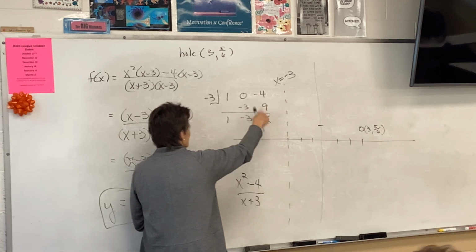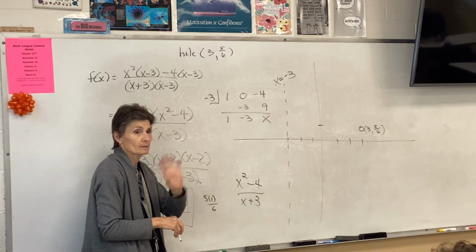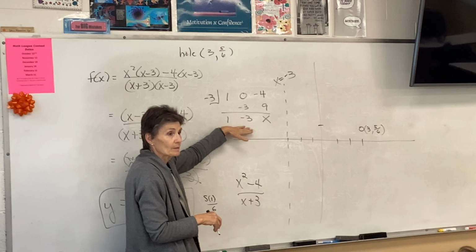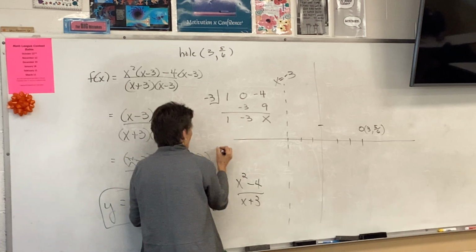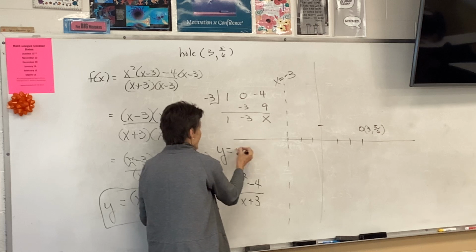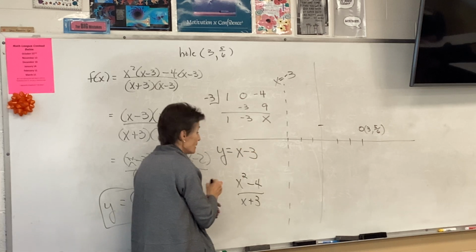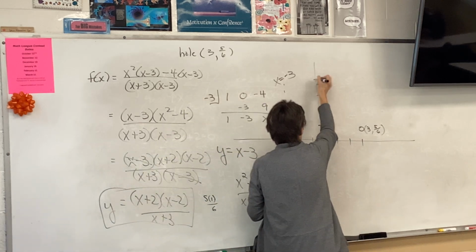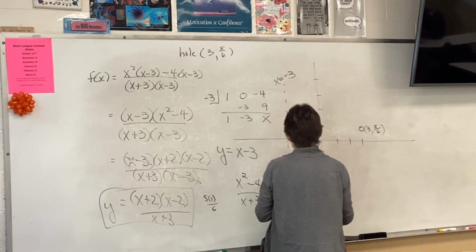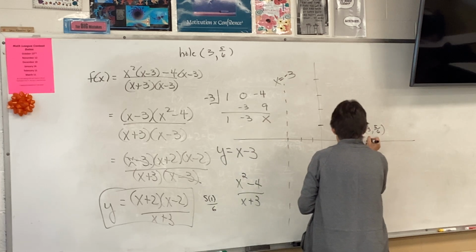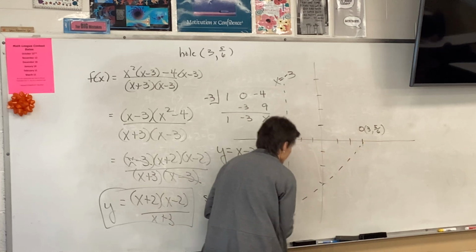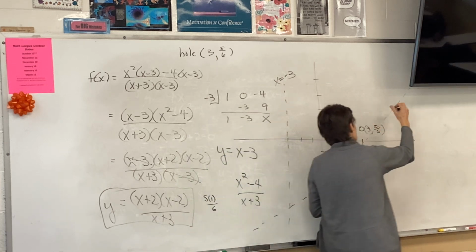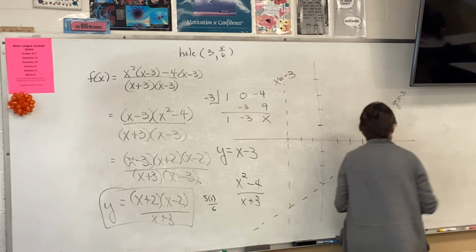And remember that I don't even care about the remainder at all. What do I need? Just my quotient. And that represents y equals x minus 3. So that's my slant asymptote. That's the equation y equals x minus 3.